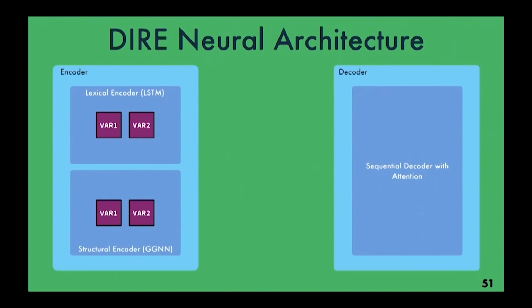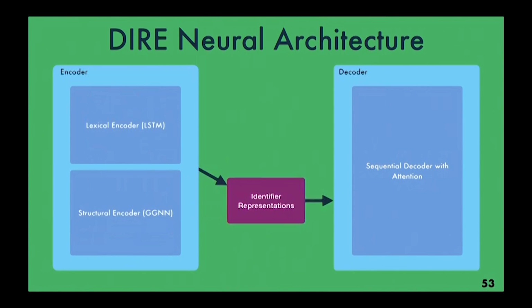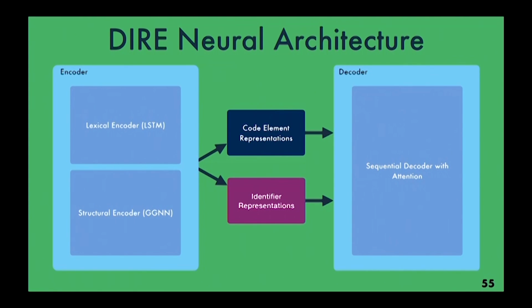So given these encodings, we generate a unified encoding for each variable name to represent all the different variables in our programs. And we're doing the same thing for all the other code elements in the program, the language constructs and so on. And we're feeding this into a decoder.